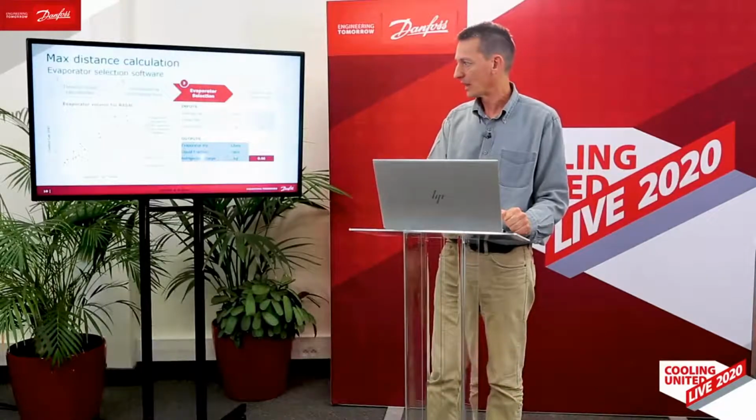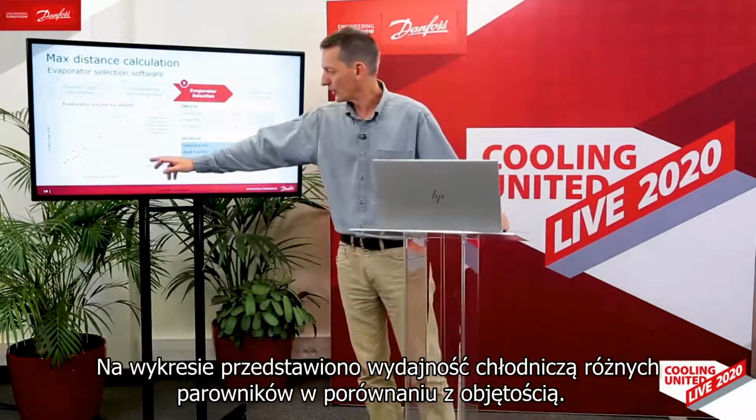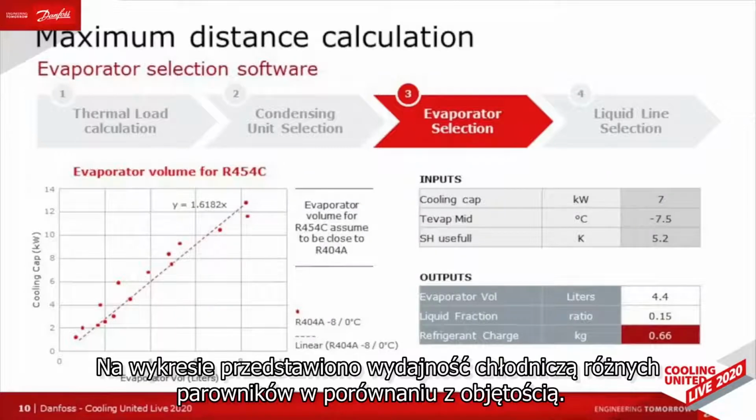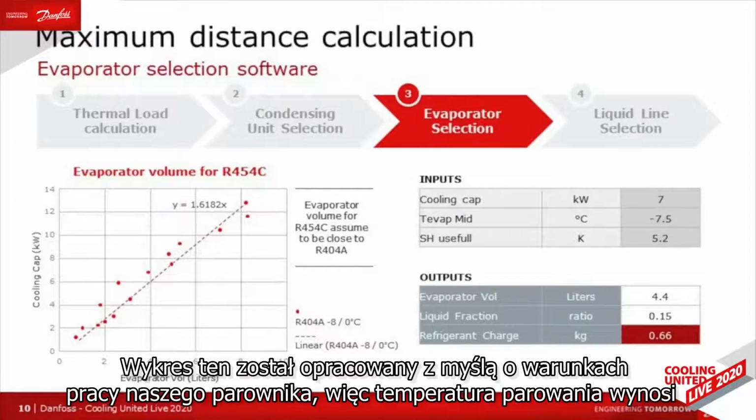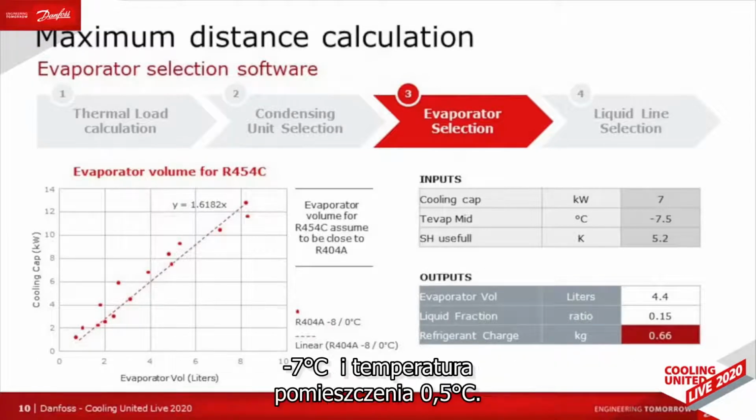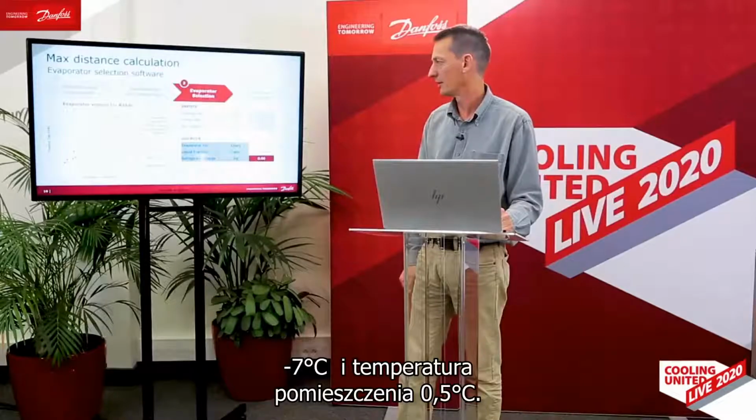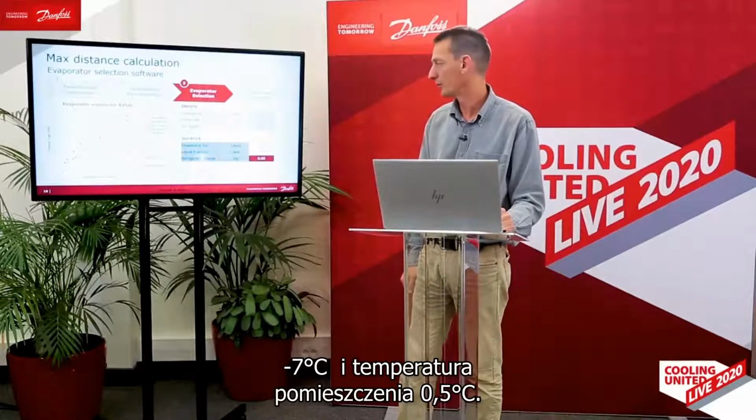Here you can see on the plot the cooling capacity of different evaporators versus their volume. And this plot has been made for the running conditions of our evaporator, so -7 degrees C evaporating temperature and 0.5 room temperature.